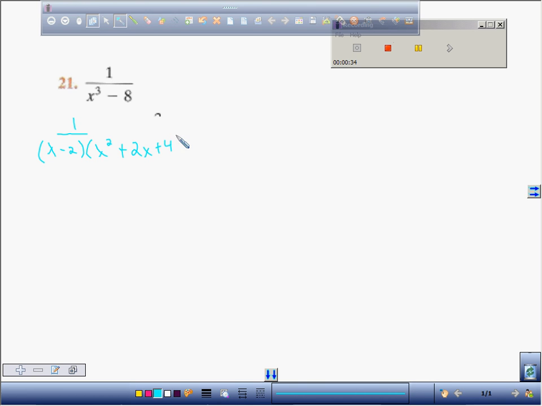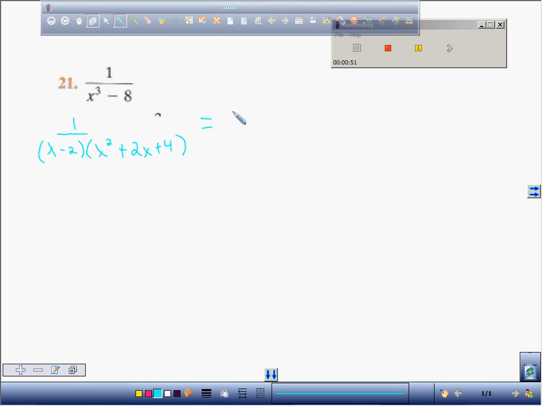You just kind of have to know that, or you could do synthetic division on it, with 2 being one of the factors, and this will be the other factor. Now this does not factor, right? So when you rewrite this, this is a linear factor, and this is called a non-repeating quadratic factor.